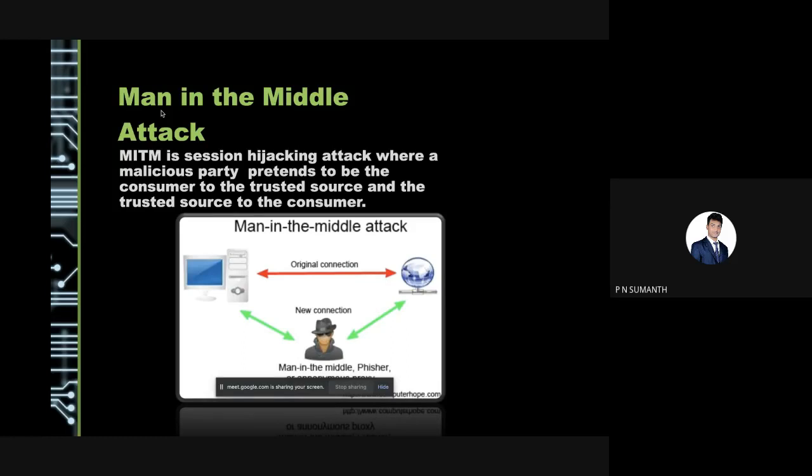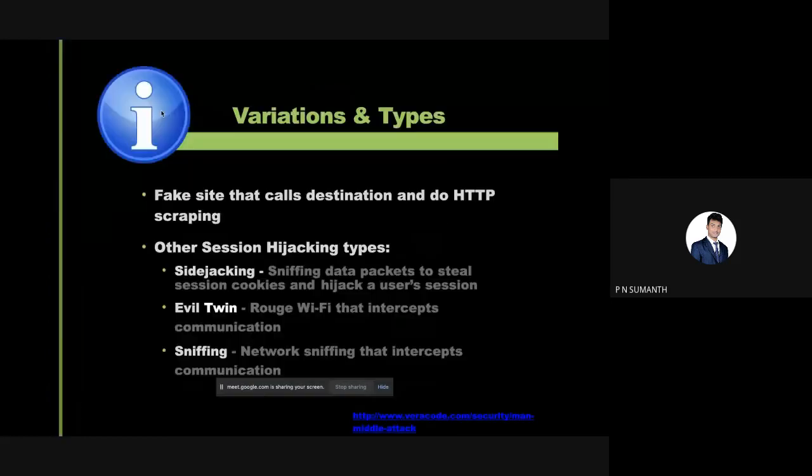After inserting himself in the middle of the transfer, the attacker pretends to be legitimate, acts as a bridge, and then steals all the information. There are types like sidejacking, evil twin, and sniffing. I'll explain one by one what sidejacking, evil twin, and sniffing are.